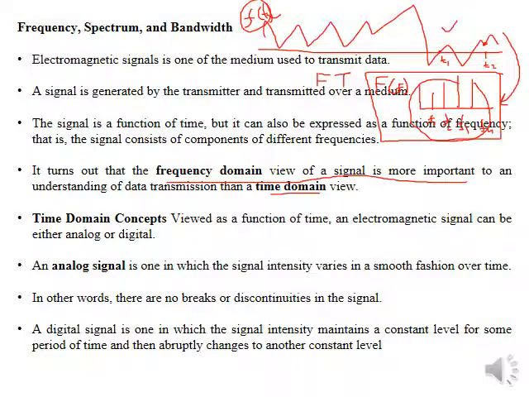Analog signal is one in which the signal intensity varies in smooth fashion over time. So you can see this is analog signal, where you can see signal varies smoothly, there is no abrupt change, while in digital signal intensity maintains a constant level like this for some period of time and then abruptly changes to another level.